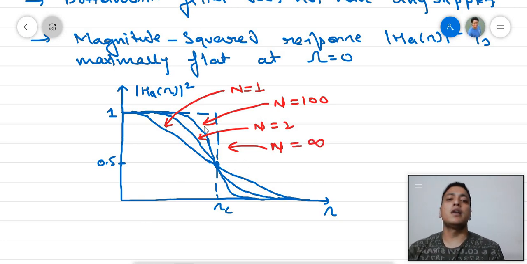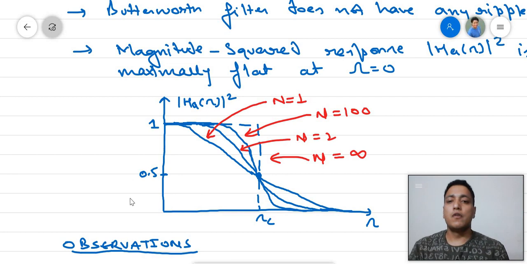That means as we increase the order n, the transition becomes much sharper, which can be seen from the Butterworth filter's magnitude response. From these characteristics, we can observe certain things, so we'll discuss those observations one by one.